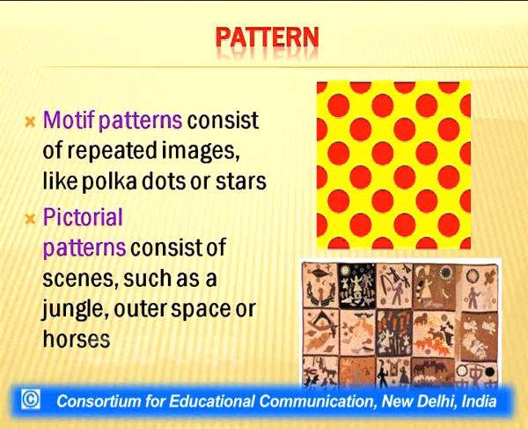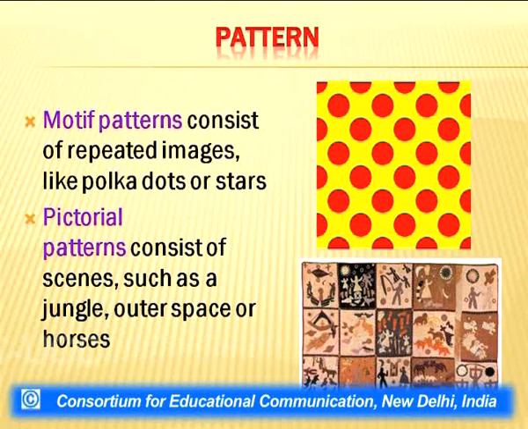And so therefore in this you can see that we have the element of shape, we have the element of space, we have the element of colors, and all of these elements are creating a pattern because all of these elements have been used repeatedly.